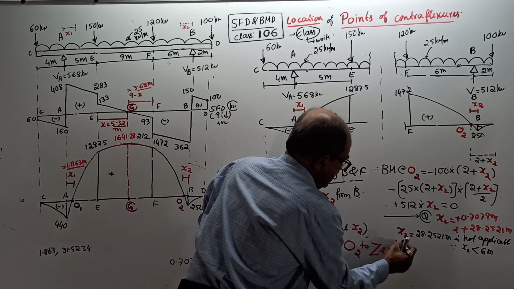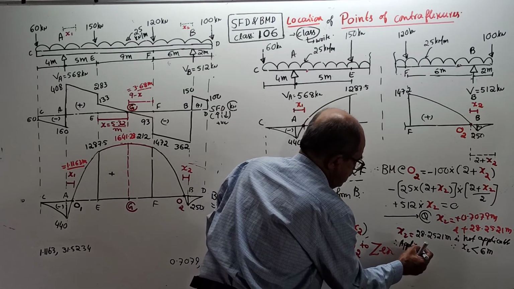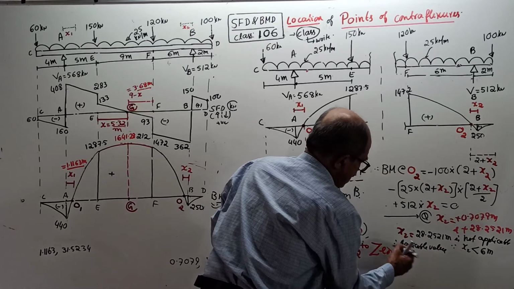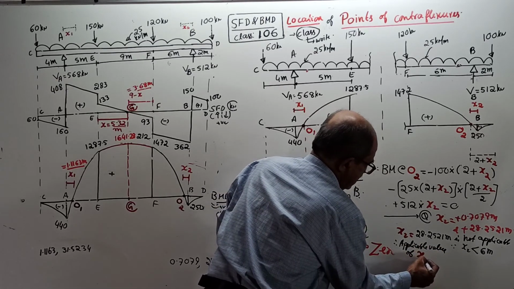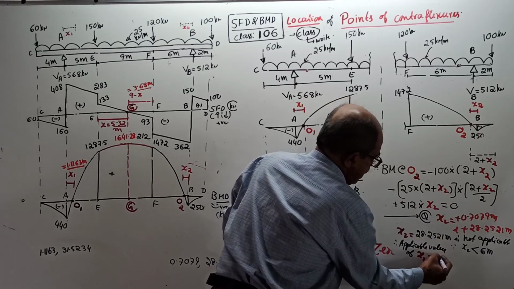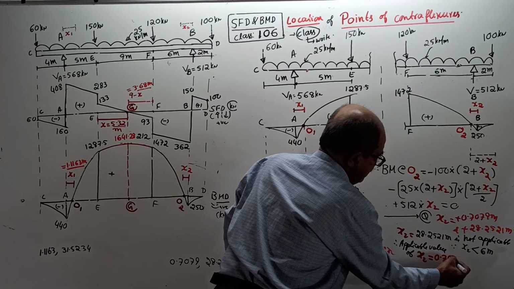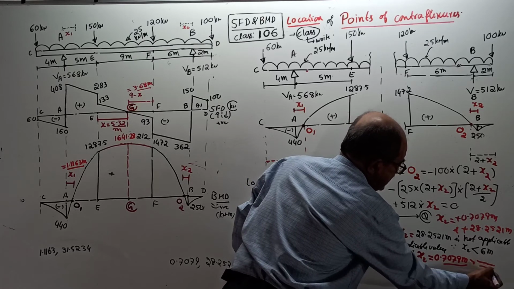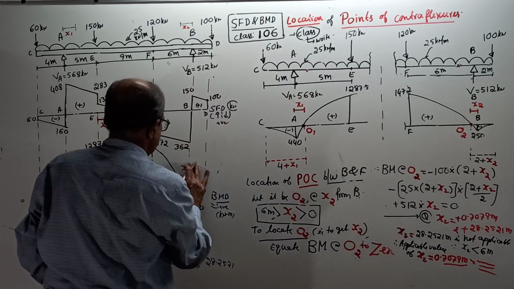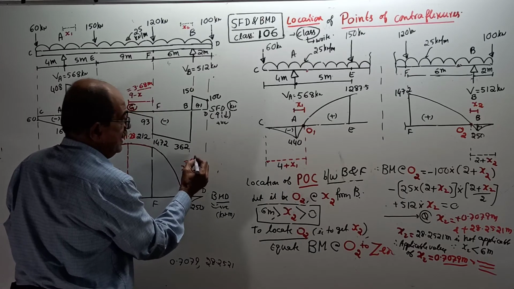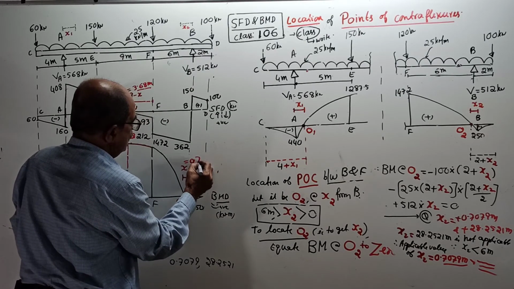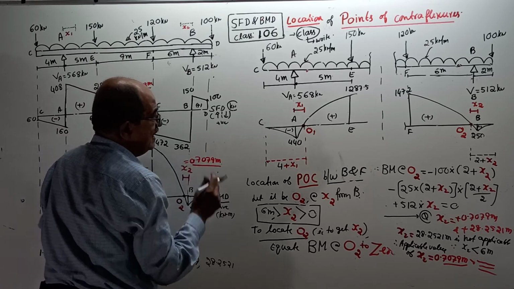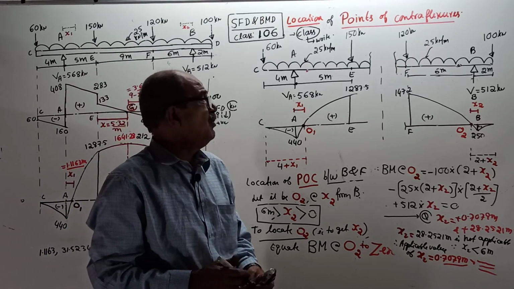Therefore, I will write here applicable value of x2 equal to 0.7079 meter over. Right, note, go back and enter in the bending moment diagram. Enter here. x2 equal to 0.7079 meter over. This will finish location of point of contraflexure for our beam.